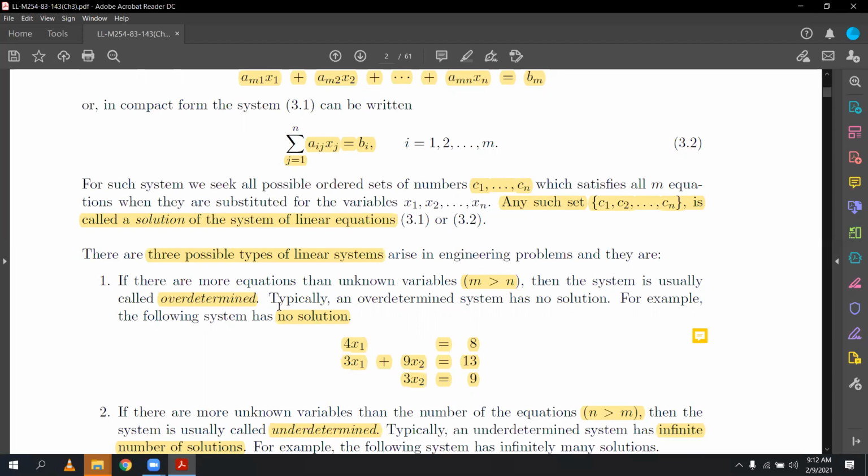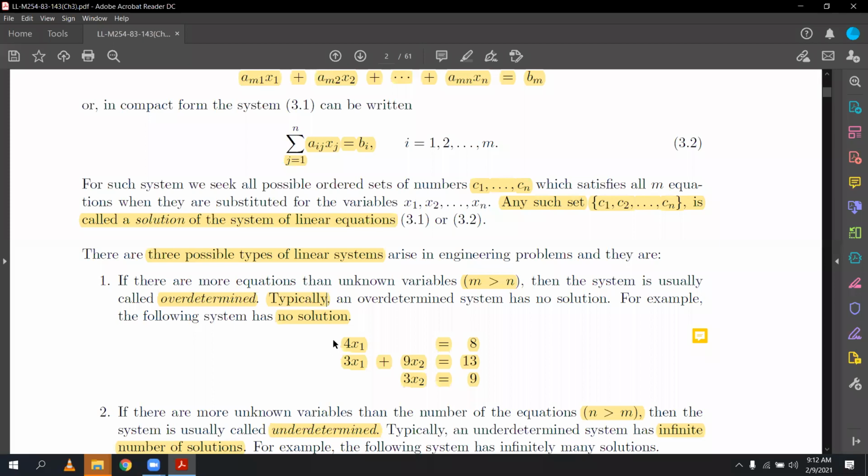This type of system, in most cases, has no solution. What do we mean by no solution? No solution means that after finding the values of the unknown variables and putting them back into the system, the left and right sides are not satisfied.